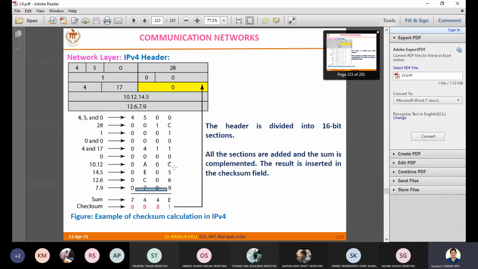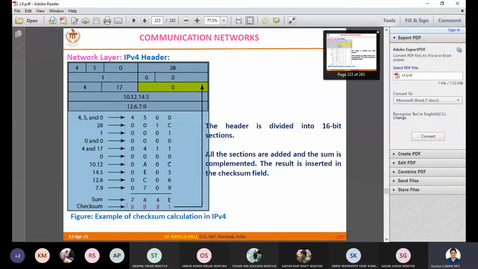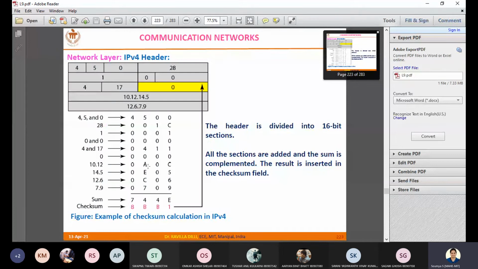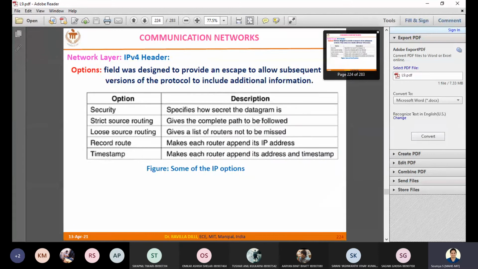So this is how you consider all the values, find the sum of these values and complement it to get the checksum. This checksum value that has been obtained will be appended in this particular field. And these are some of the options, the last few options.